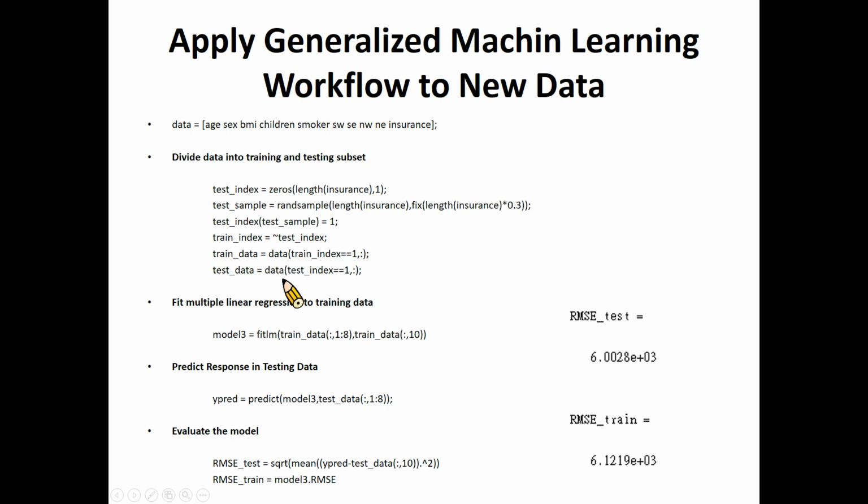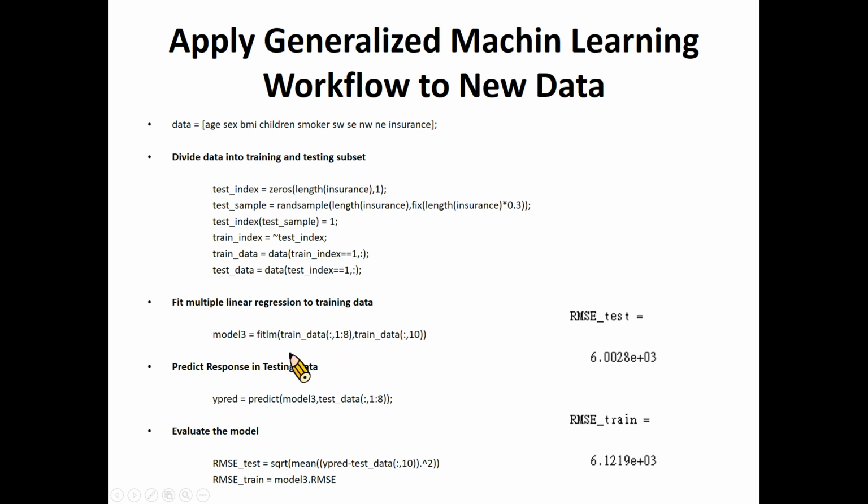Then we will fit this data with the multiple linear regression. Remember that because we only use 3 of the 4 regions here, we only need to include the first 8 variables, 1, 2, 3, 4, 5, 6, 7, 8. We don't need the northeast region information, because once you include 3 of them, the rest is already included in the table.